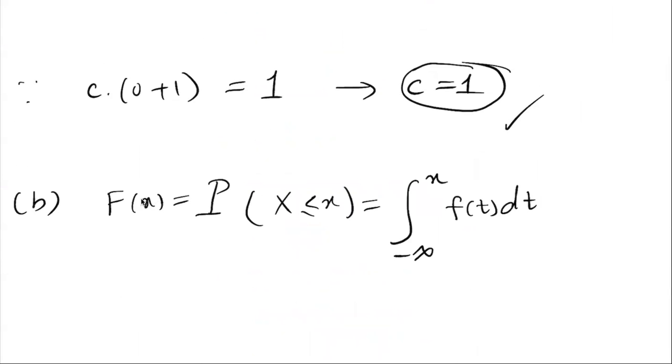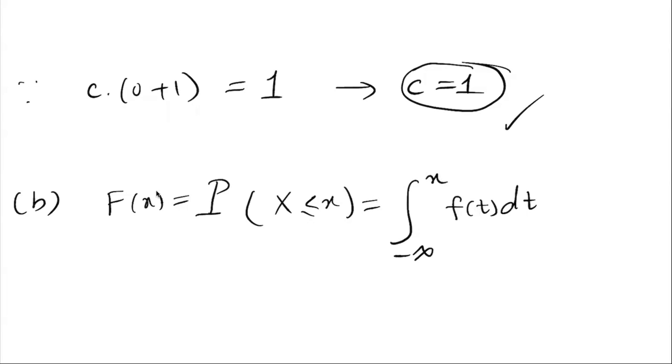So it doesn't matter. You can write capital F of x and therefore put x here and then integrate over t. Or you could say capital F of t and put t here and then integrate over x. Could have said f of x dx. So it doesn't matter. Just make sure it's consistent with this one.